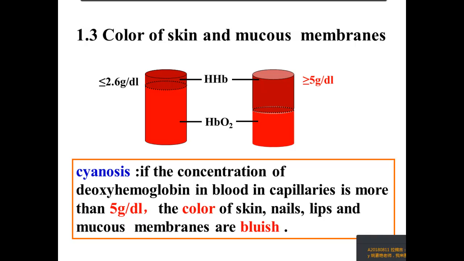If the concentration of deoxyhemoglobin in capillary blood is more than 5 gram in 100 milliliters blood, the color of skin, nail, lips, and the mucous membranes are bluish. It's called cyanosis. Remember the definition: cyanosis is deoxyhemoglobin more than 5 gram in 100 milliliters blood.